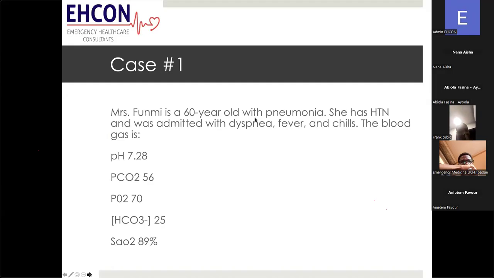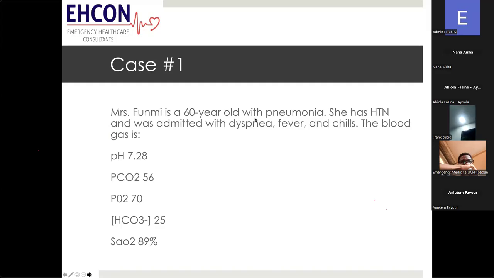But if we go through the exercise of calculating this out, if we assume that a normal PaCO2 is 35 and we have 56 now, bringing out our handy calculator, 56 minus 35 comes out to 21. If we divide that by 10, we have a value of 2.1. Plus or minus 3, if we subtract 3, we go down to negative 0.9.